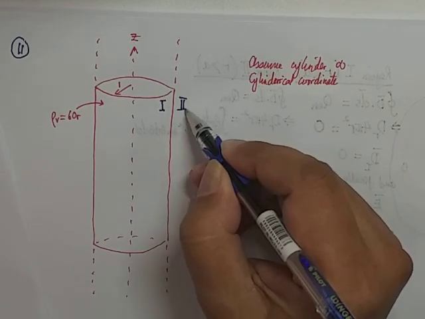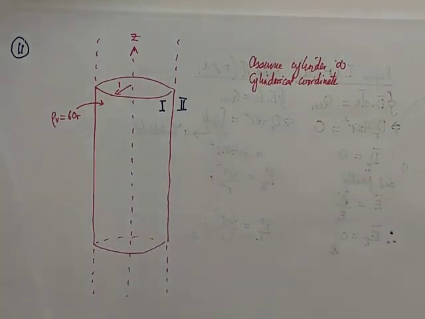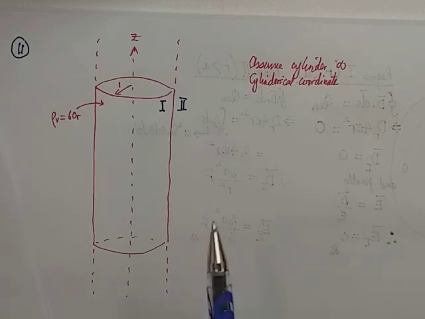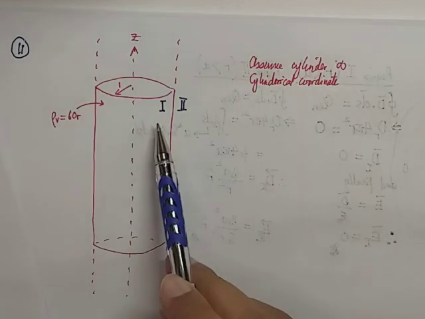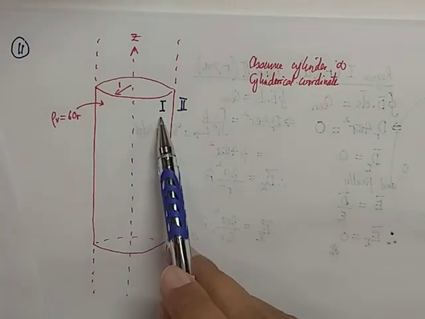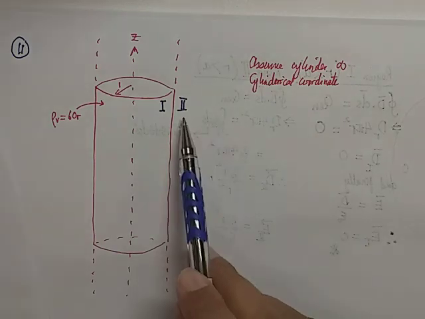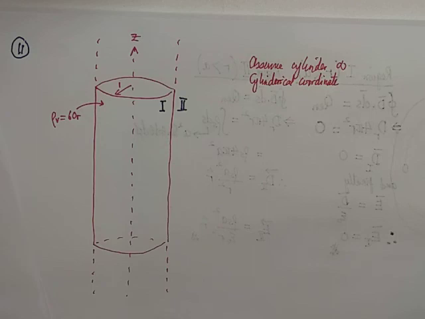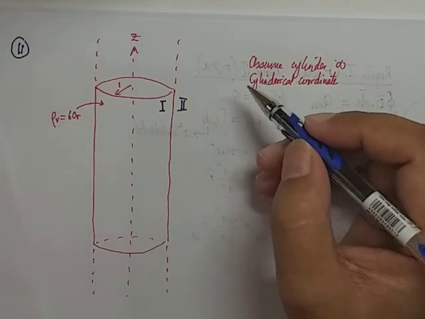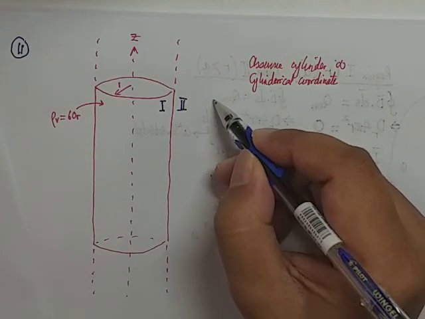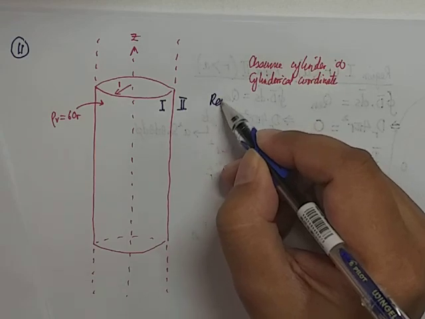That should be my third step, defining regions, which must be done based on our diagram. One is inside the cylinder, so I'm going to define that as region number 1. The other is outside the cylinder, so I'm going to define it as region number 2. Now I'm going to start solving Gauss law by doing region 1 first.